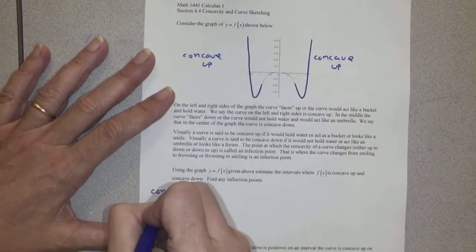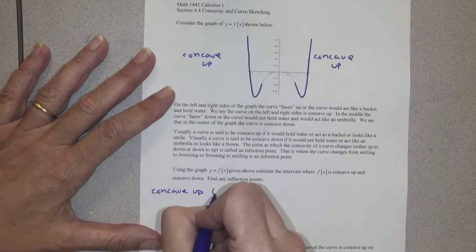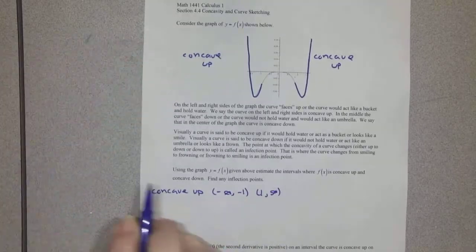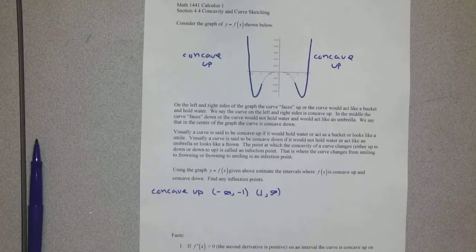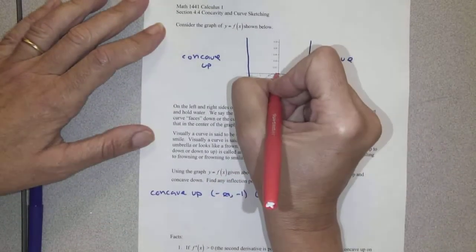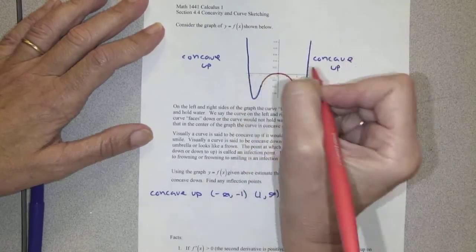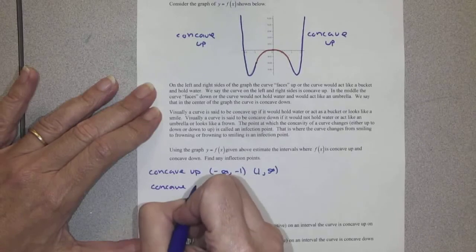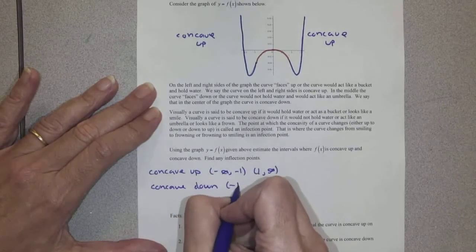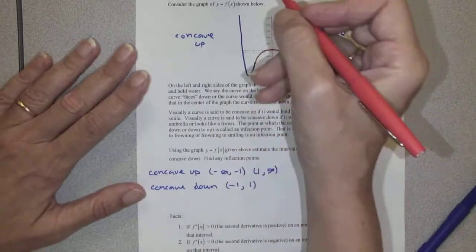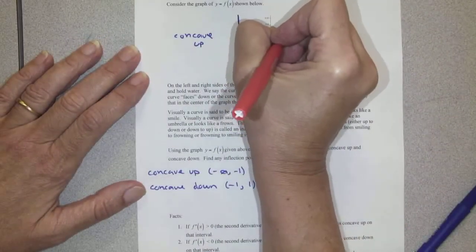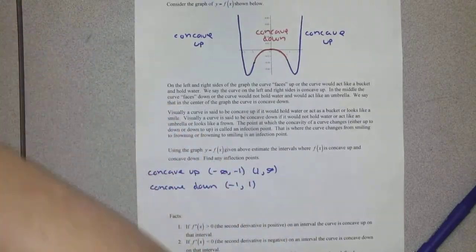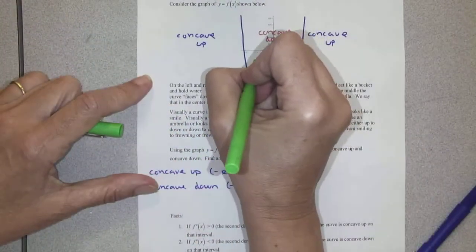And so it looks like we are concave up on negative infinity to negative 1, and 1 to infinity. If I was being a perfect math teacher, I'd put union symbols between those. Concave down in the middle. And then where I change concavity are my inflection points.